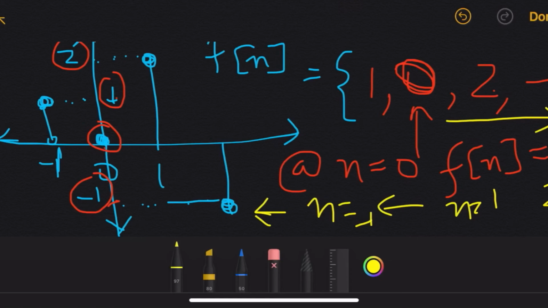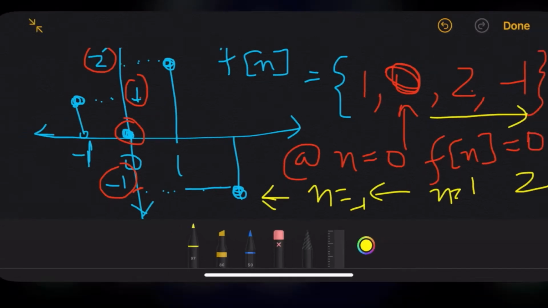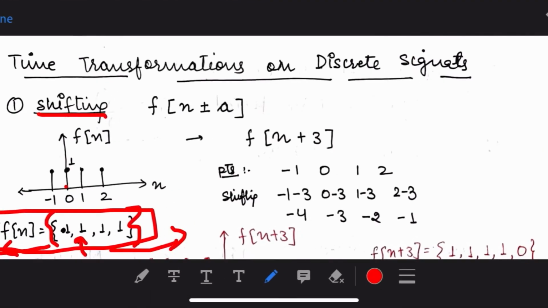Okay, so coming back to the question, inside it this fn plus 3 is given. So you have to first write the points. These points are the values of n. So this is -1, 0, 1 and 2.